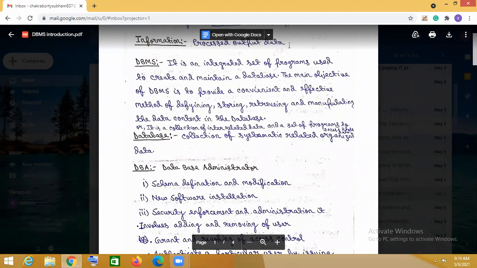Otherwise, if you don't write what you wrote during sign up, the information mismatches, and that's why it shows invalid user ID or password. At first you have to sign up, and during sign up you give your total information, which is loaded in the Facebook database. Facebook has its own database where it is stored.